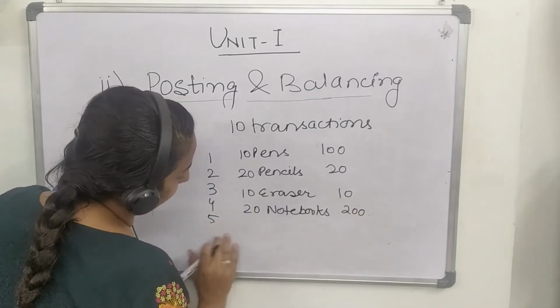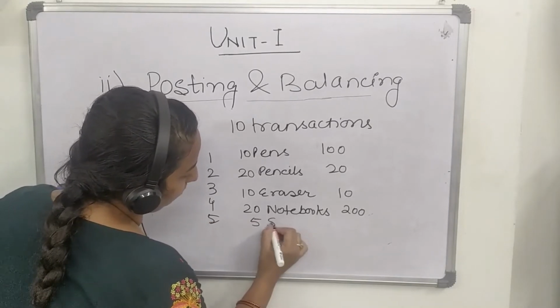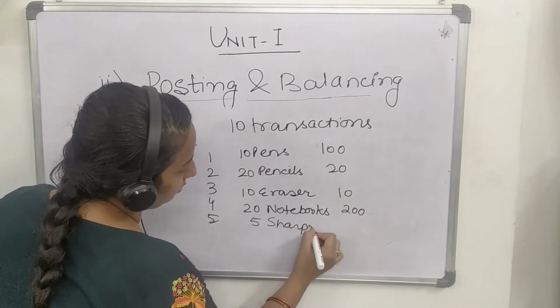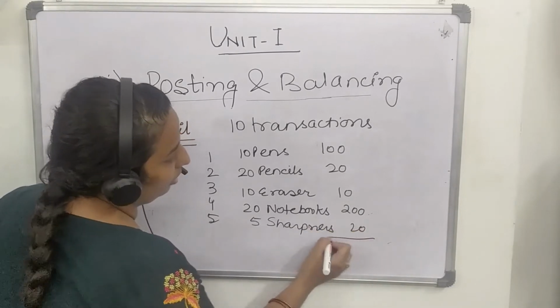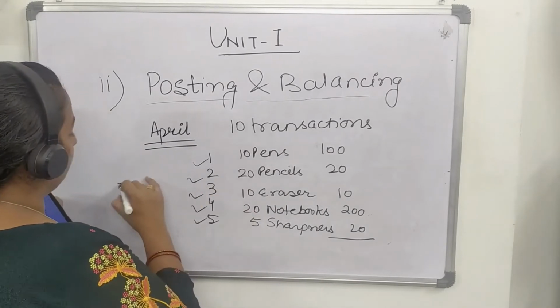Let's take 5 only. 5 sharpeners, say 20. Now, for each transaction, we need to pass a journal entry.